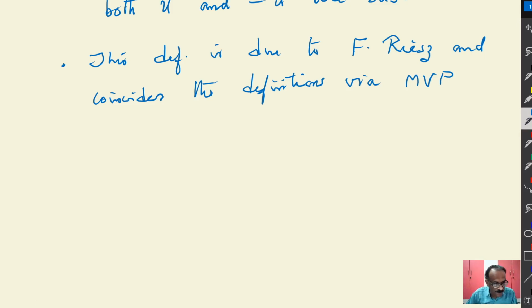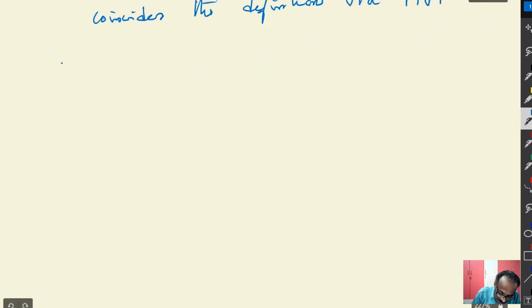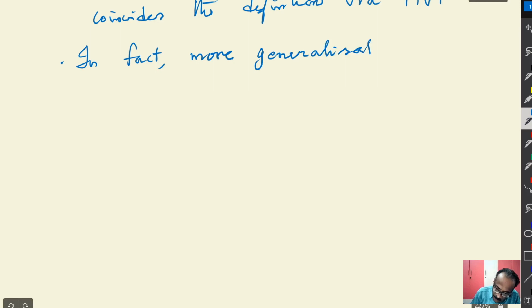Okay. All right. In fact, there are more generalizations available, for lower or upper semi-continuous functions.